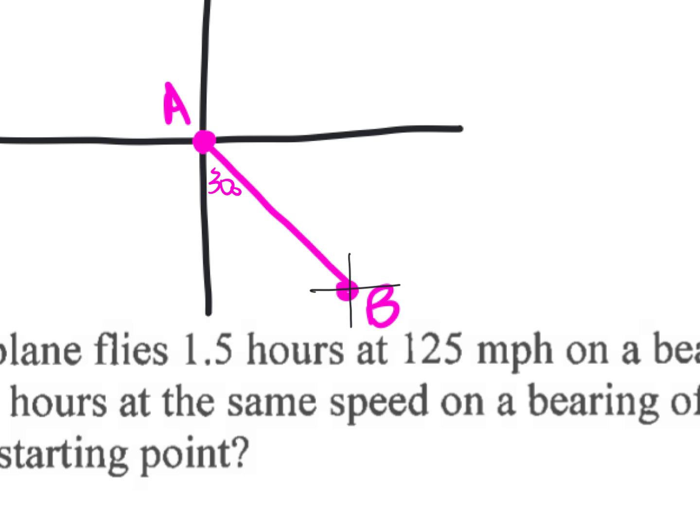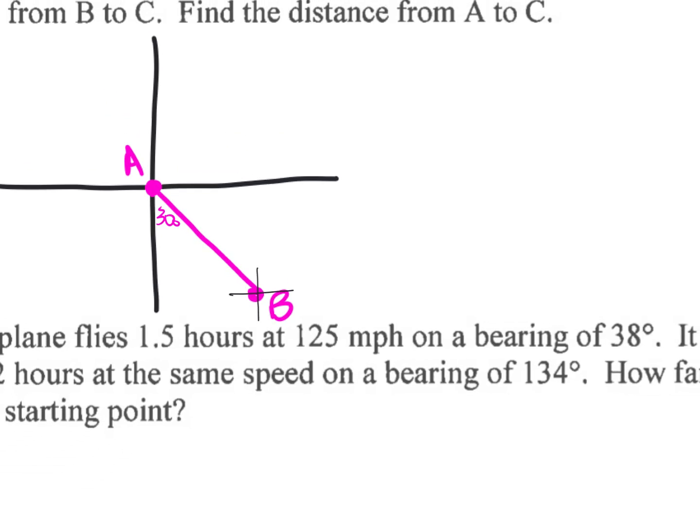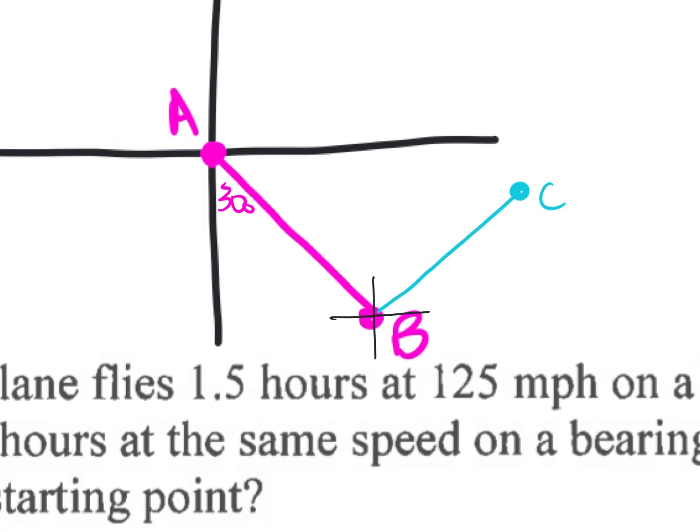So according to B's little compass system, which little quadrant in that system should we head into if we're going 65 degrees east of north? Yeah, the first quadrant there. So to go from B to C, I'm going to head off this direction. And I'm going to say C is over here somewhere. Now, where do I put that 65-degree angle?